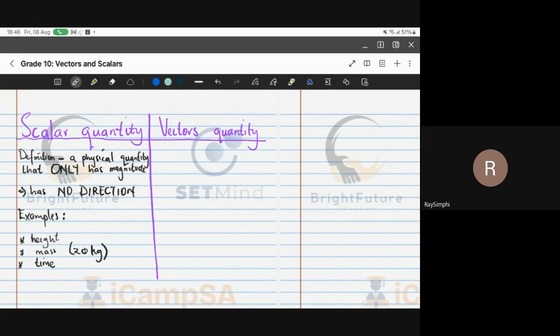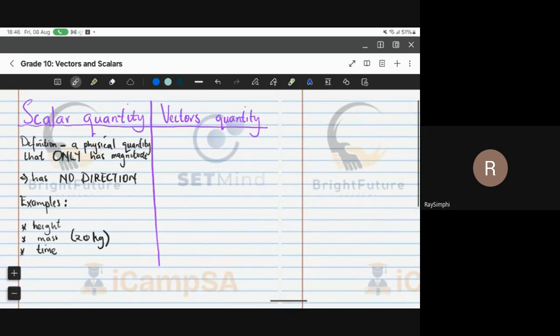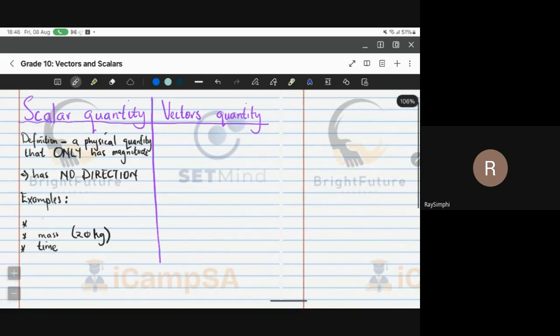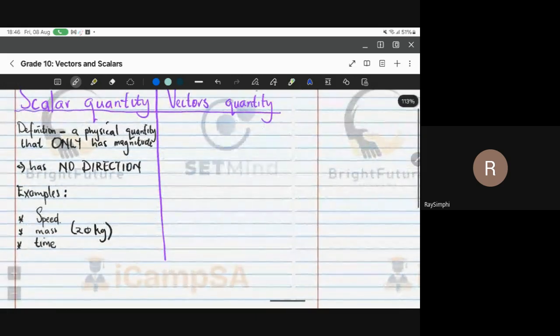It's just 12 o'clock. Another example is, okay, maybe let's remove heights and use examples that you'll probably remember. Another example is speed. If you remember, earlier this year, you were able to define the difference between speed and velocity.